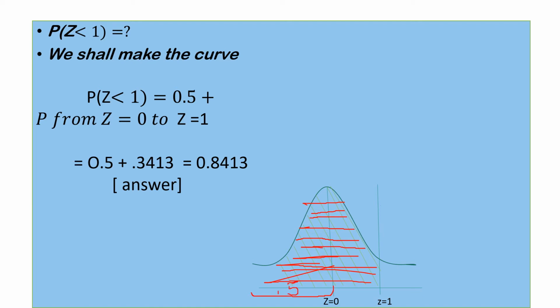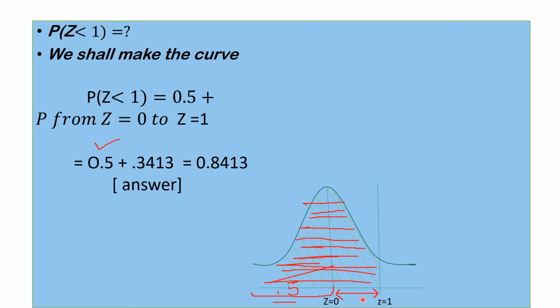So I mentioned 0.5 here. So your total probability is going to be this area 0.5 plus the probability from z equal to 0 to z equal to 1. This area. So your answer will be 0.5 which I mentioned, plus the probability from z equal to 0 to z equal to 1.